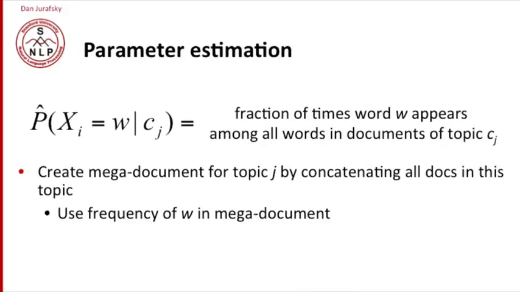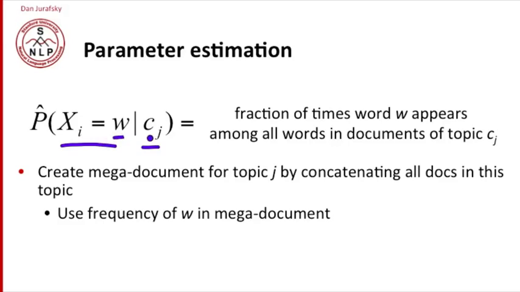Looking specifically at words, we're going to estimate the likelihood, the probability of a given word given a class, by looking at the fraction of times that word occurs among all the words in the documents of that class. So it's kind of a relative frequency. Out of every word that occurred in some document of class j, what percentage of those words were the word w that I'm looking at? That's the probability of w given c sub j.